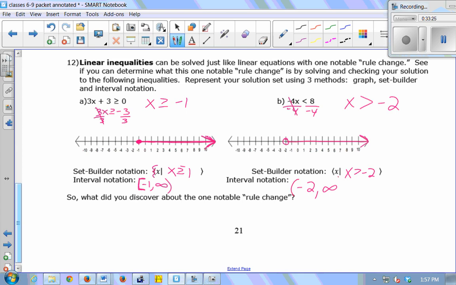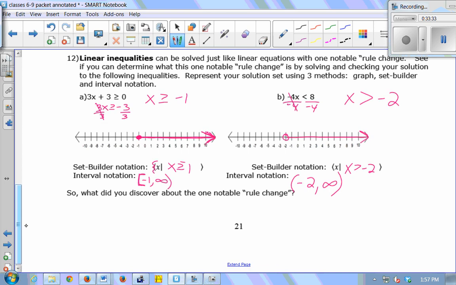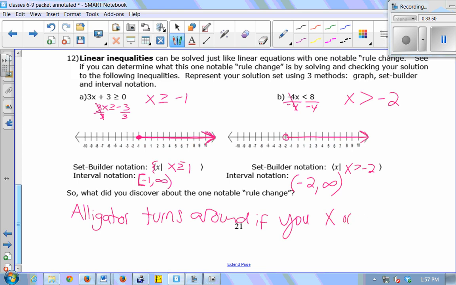And I use a round bracket on infinity all the time. So the rule change is the alligator turns around if you multiply or divide by a negative.